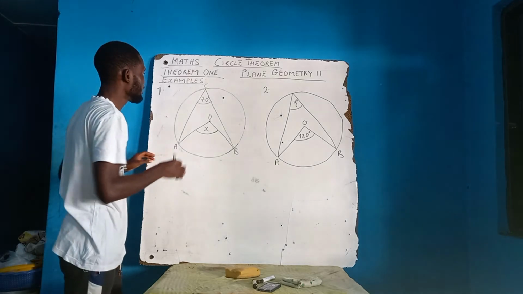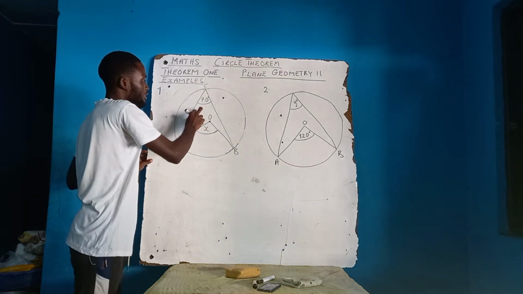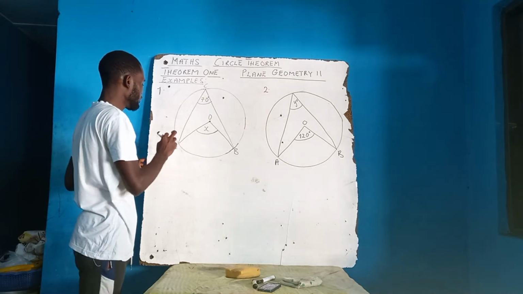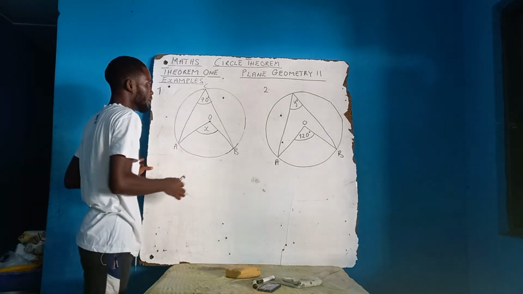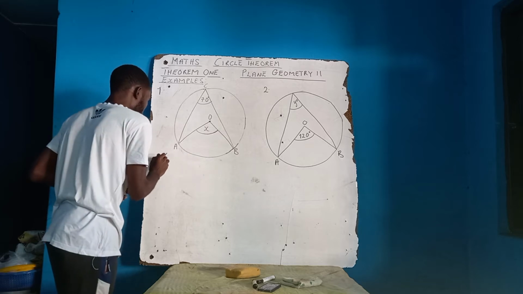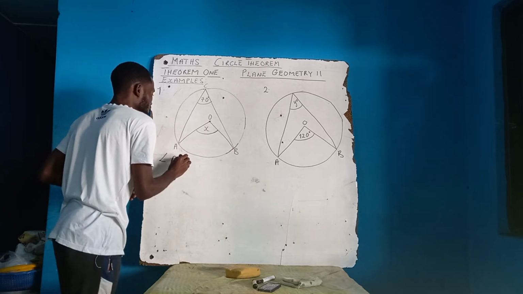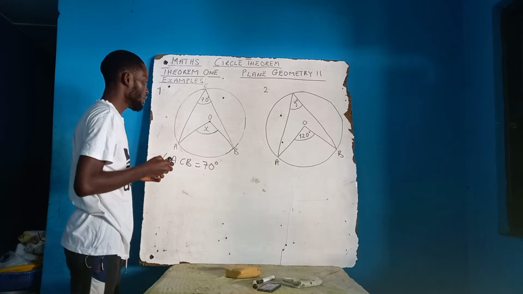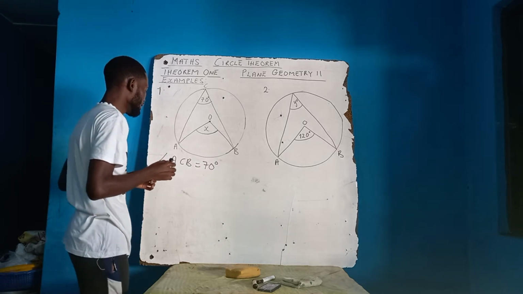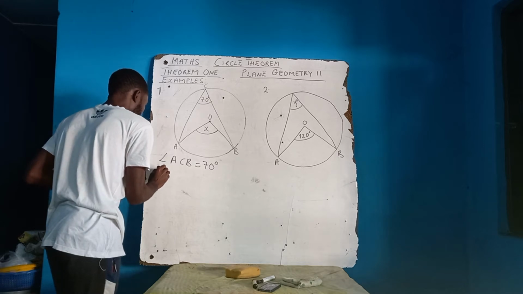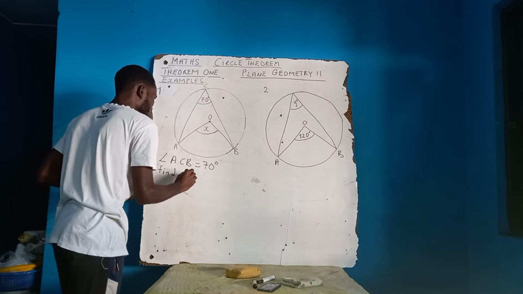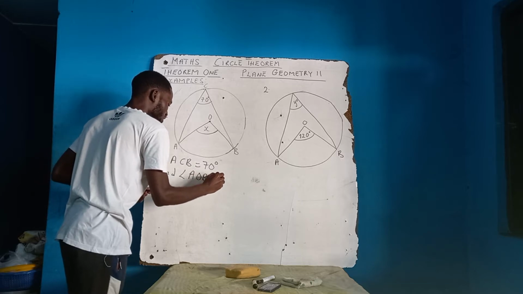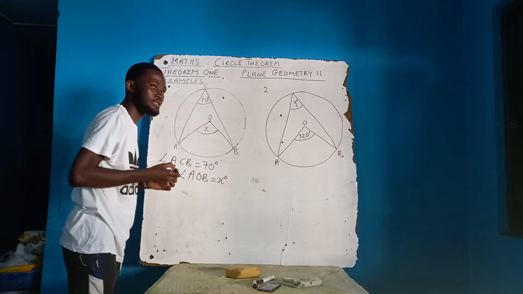We are having an angle at our center. That means the value has been illustrated. So we have angle ACB is 70 degrees. And we are being asked to find angle AOB, which is also our x degrees, right?